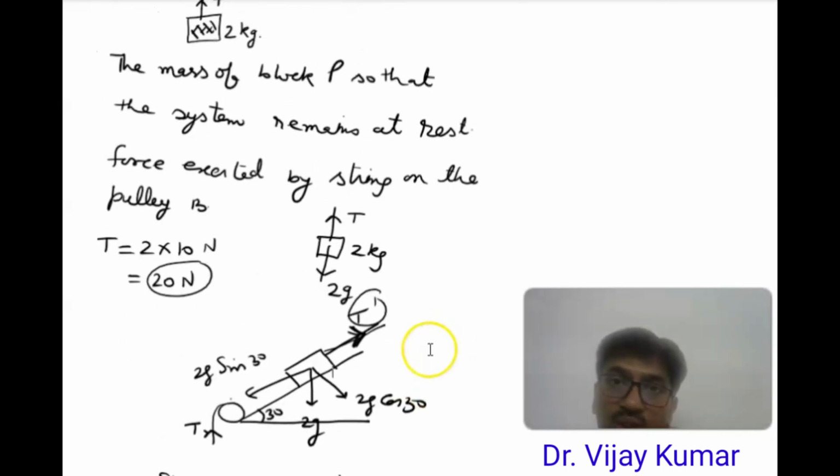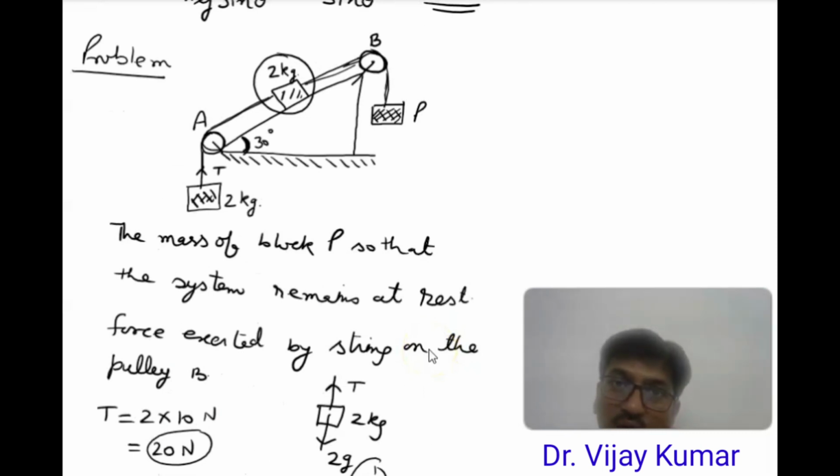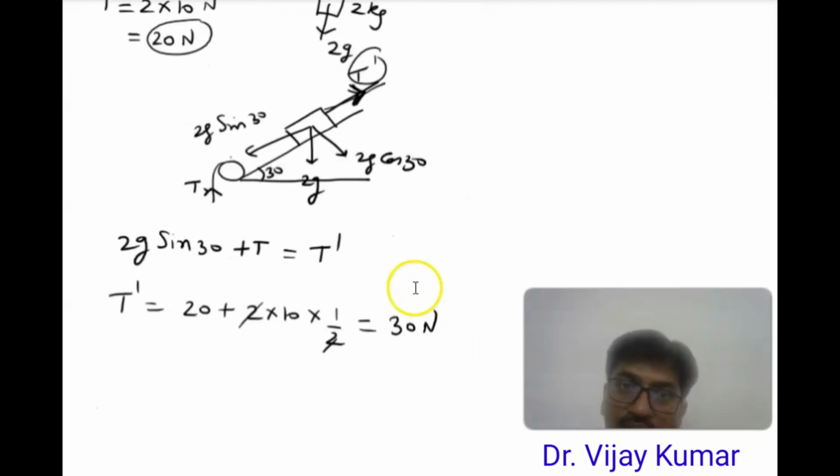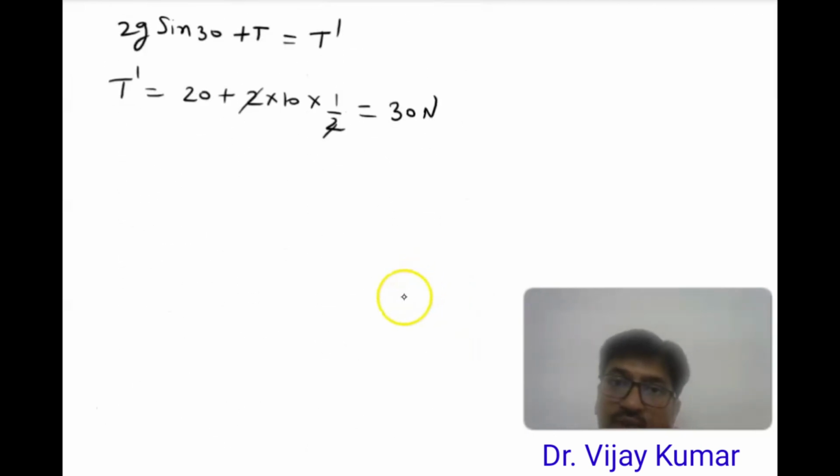So now we will work on this block P. Suppose this is block P, with T dash acting in this direction, and it should be balanced. Suppose the mass of block P is MP, so its weight is MP into g.